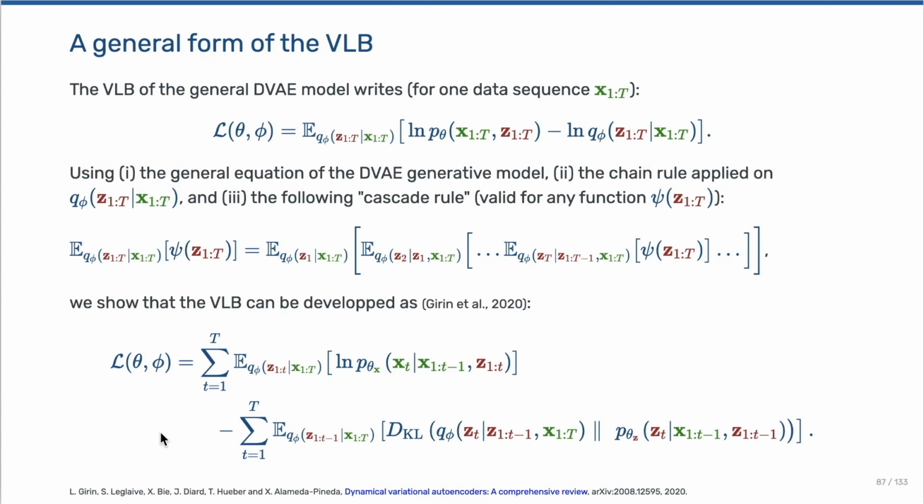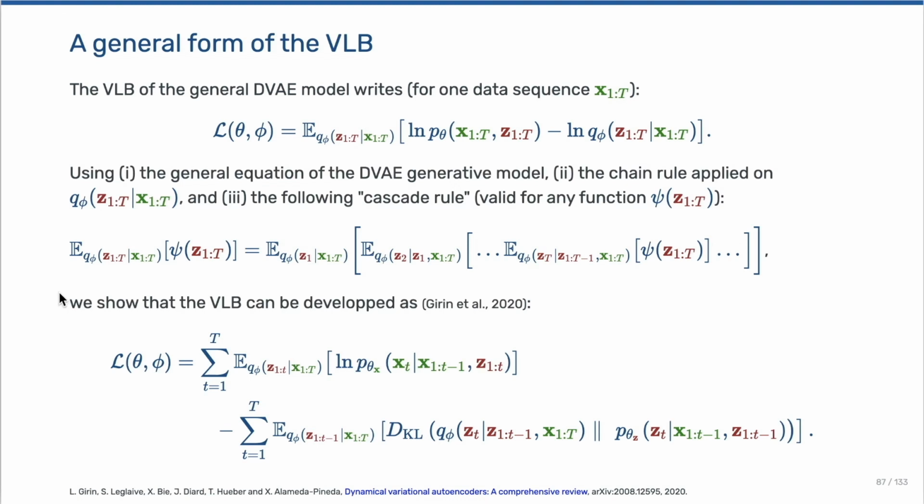To do that, we start again from the generic compact expression of the VLB in the sequence modeling framework, as we did when we derived the VLB of the DKF-DMM model. And then we combine three things: the general equation of the DVAE generative model, the chain rule applied on the inference model, and finally, a new cascade rule, which is valid for any function of the latent vector sequence.